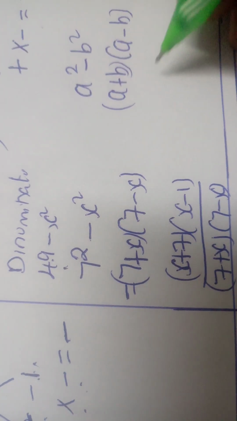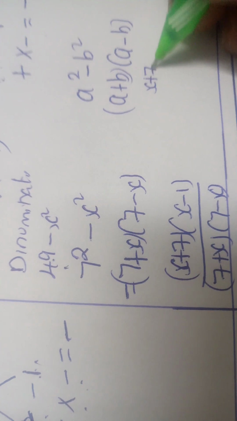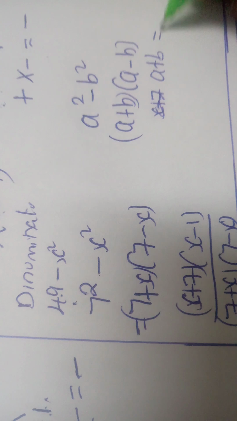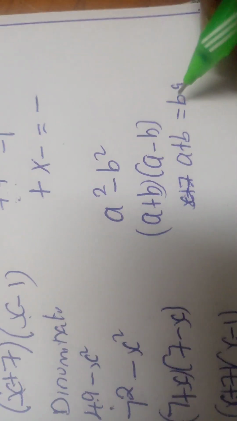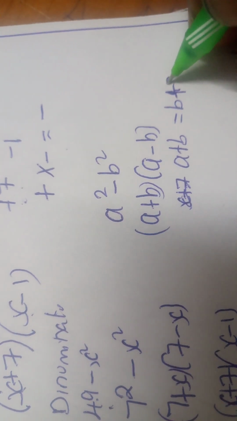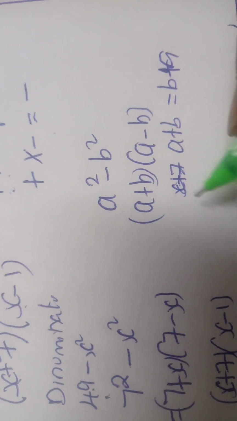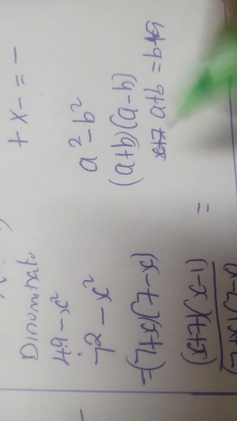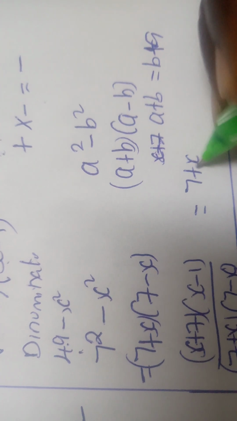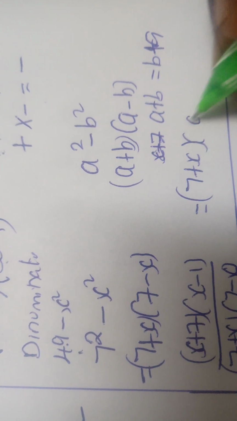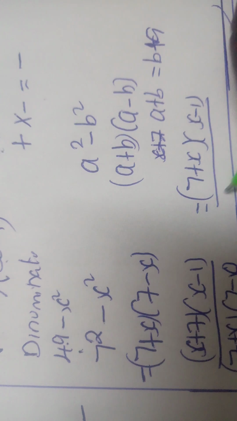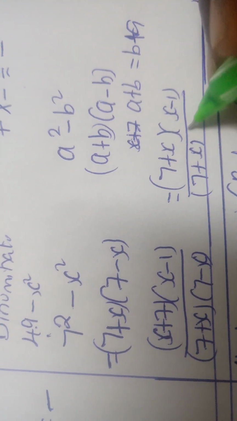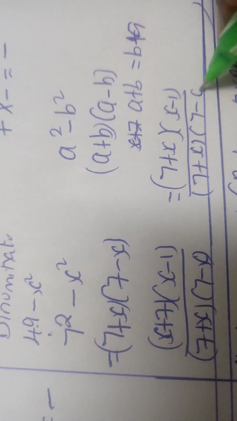As you know, x plus 7, or a plus b, is the same as b plus a. So x plus 7 is the same as 7 plus x. The other bracket is x minus 1 over 7 plus x, and the other bracket is 7 minus x.